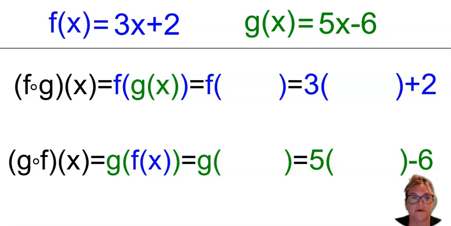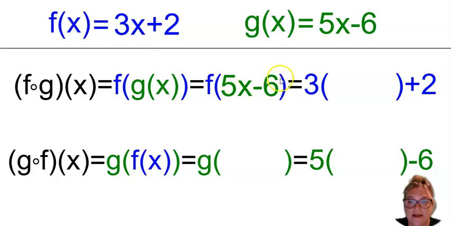Okay, if I want to compose the functions f and g of x, f composed with g of x, we learned in our last video, is the same as f of g of x. We take g of x and we substitute it in to the x for the function f. So that would be the same as f of g of x, and g of x is 5x minus 6. The function f is 3x plus 2.